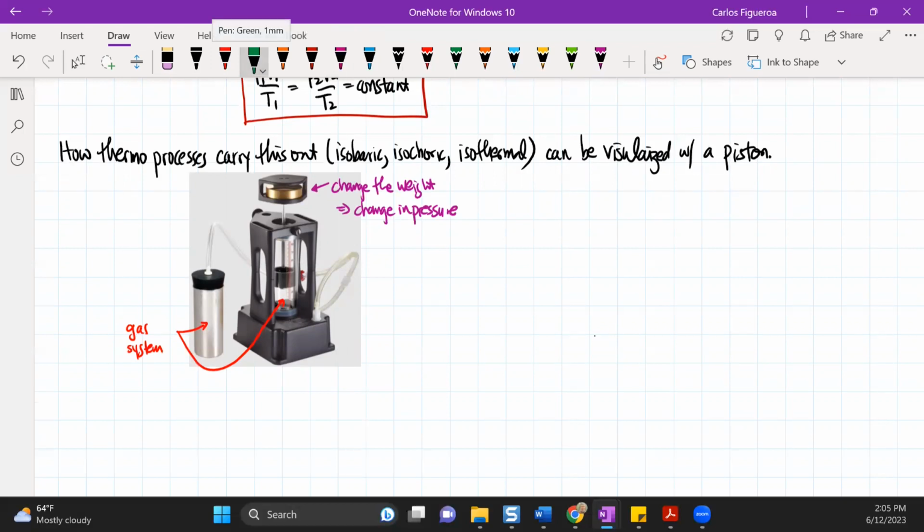Another thing we can look at is this piston head right here. The piston head moves up and down, and that causes a volume change.